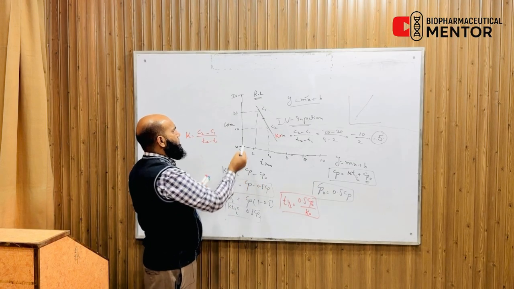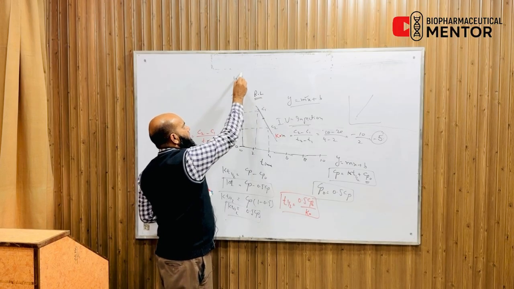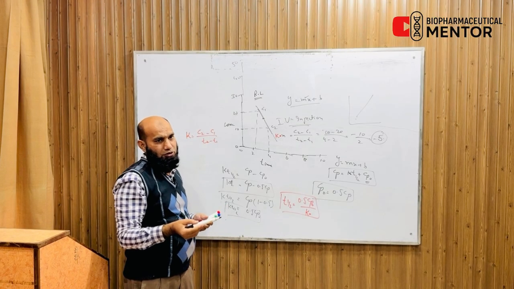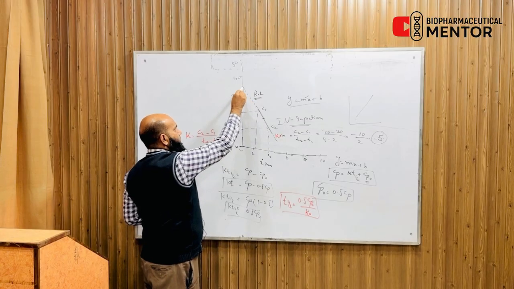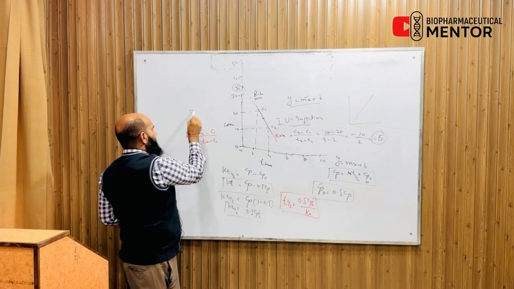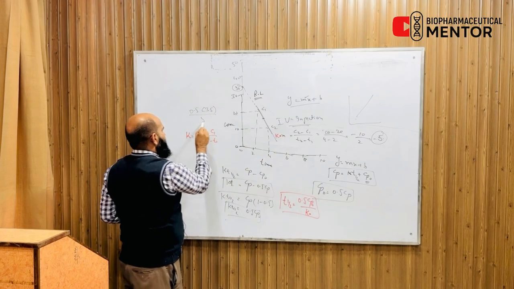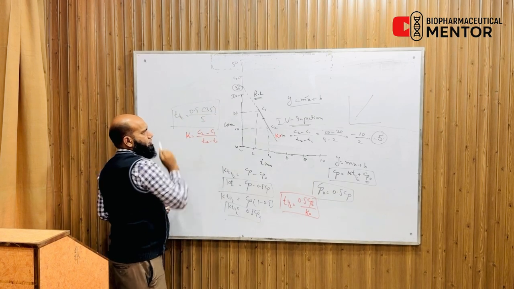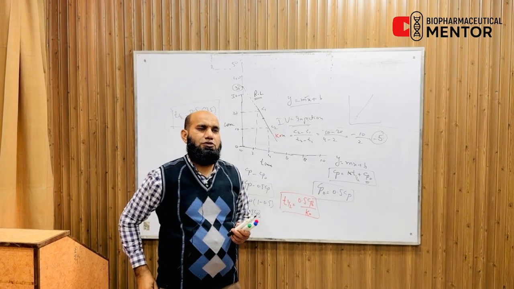Our basic assumption is that we have to calculate the time where the concentration is half. For example, if it's 40, then it should be 50 percent of that. If we have Cp naught here as 35, we will write 0.5 times 35, divided by 5, the K. Then we can get the half-life of this profile. So this would be the half-life of the data by using the rectilinear plot, by using the zero order concept.